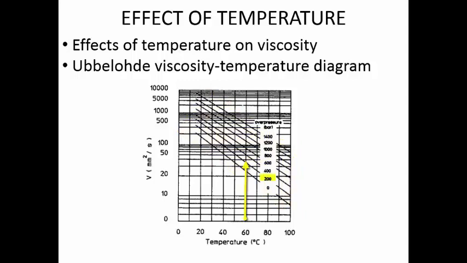The bottom one is the 200 bar pressure, and this is its level of viscosity. At 400 bar, this will be the viscosity. So at a given temperature, if you increase the pressure, viscosity increases. And at a constant pressure, along one line, as you increase the temperature, the viscosity drops.